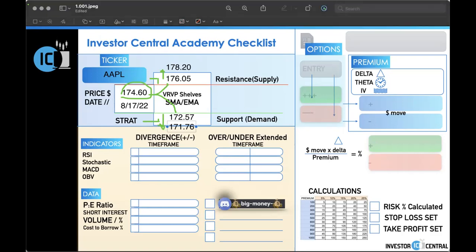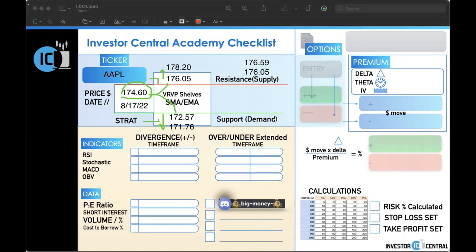So right above us right now, there are actually two resistances. One of them, which is this, is right where we're at pretty much. And then right above that at 59. So these two resistances also exist, right?